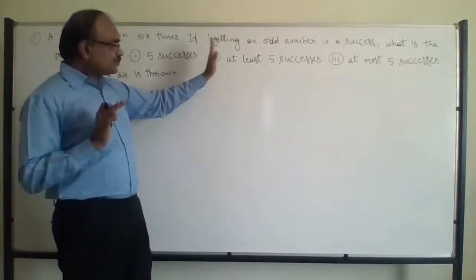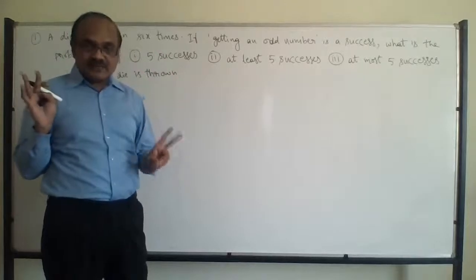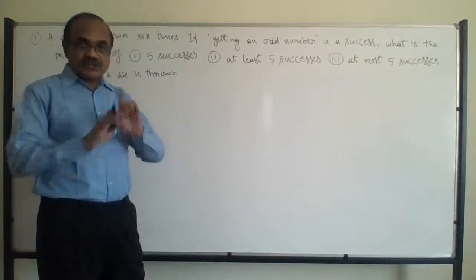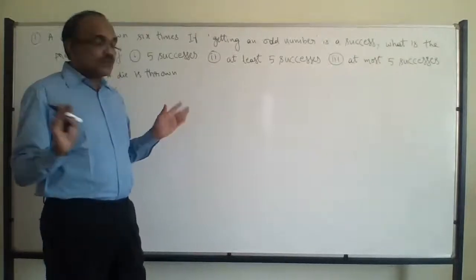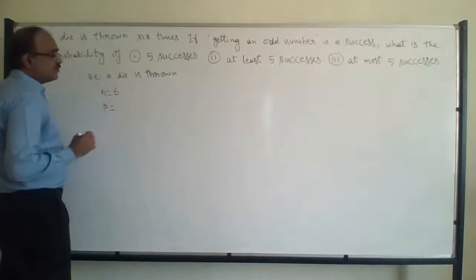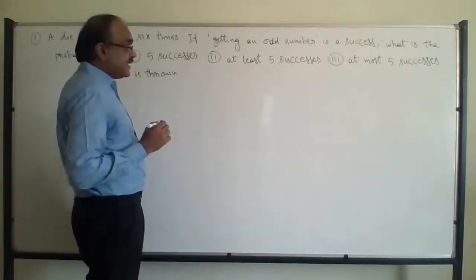So the second condition is satisfied. The third condition, the probability of success in each trial should remain the same. What is the probability of success here? Let us calculate P. What is the success here? Getting an odd number.